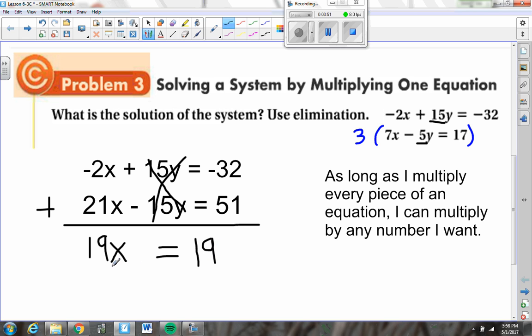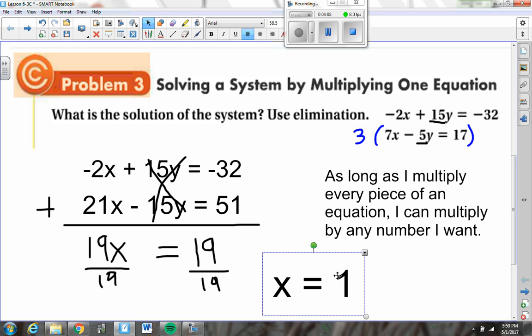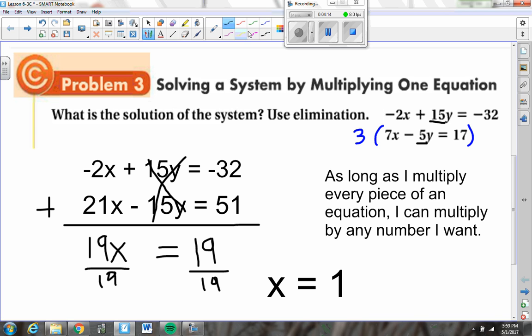All right. The nice thing here is that if I divide by 19 on both sides, I get that x is equal to 19 divided by 19, and 19 divided by 19 is 1. So x equals 1. And now that x equals 1, I can put that back into either one of my equations and solve it for y.